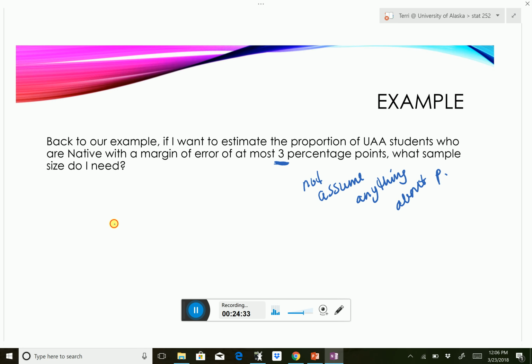So my N is 0.25 times Z over E squared. I didn't say what I wanted, so I'm going to assume that I still want a 95% confidence interval. And the E that I want is 3.